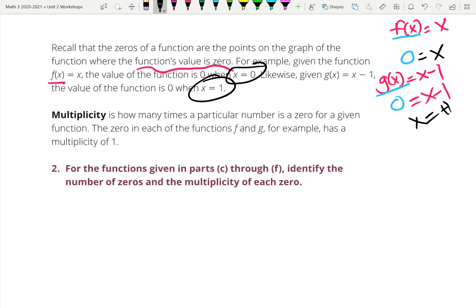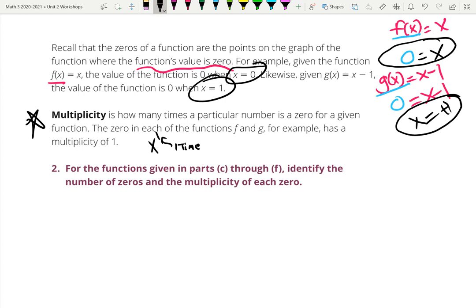So, multiplicity is how many times a particular number is a 0 for a given function. The 0 in each of these functions, f and g, has a multiplicity of 1. The reason being is they're said one time. It's kind of like saying x to the first. It's one time.